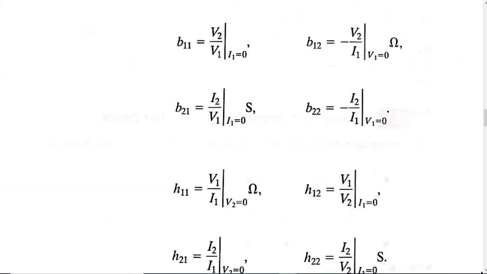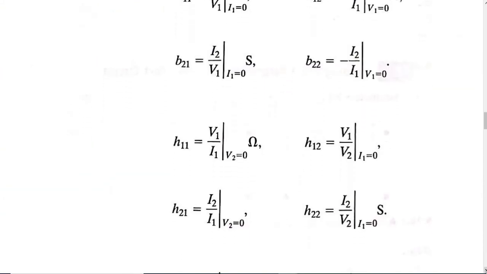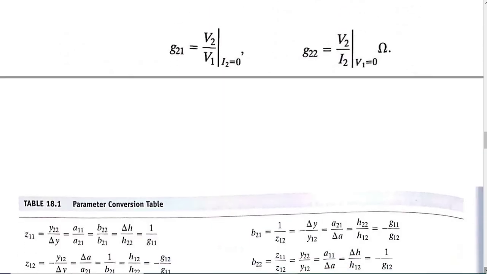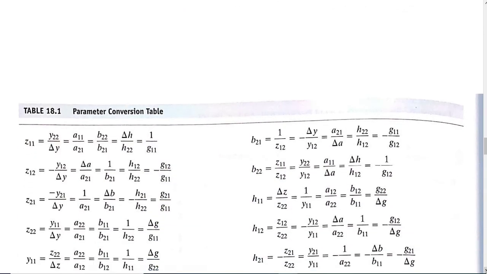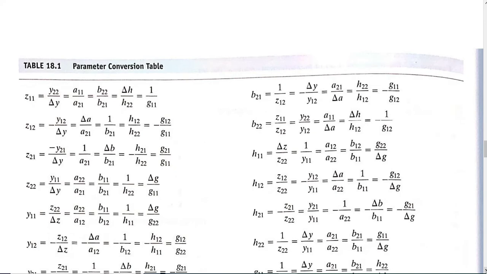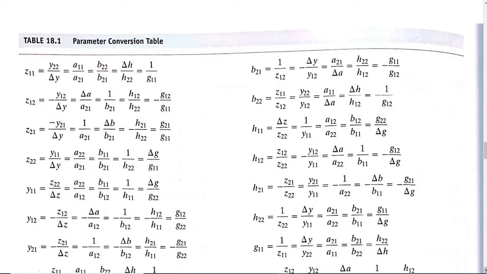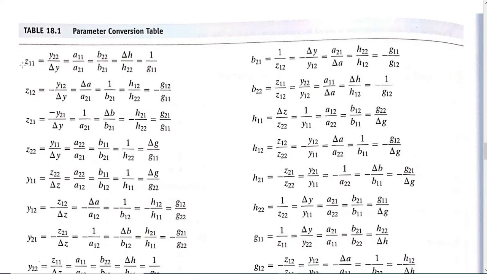From here, the formula sheet. Okay, you have a parameter conversion table. For example, z11 as a function of y parameters will be this.